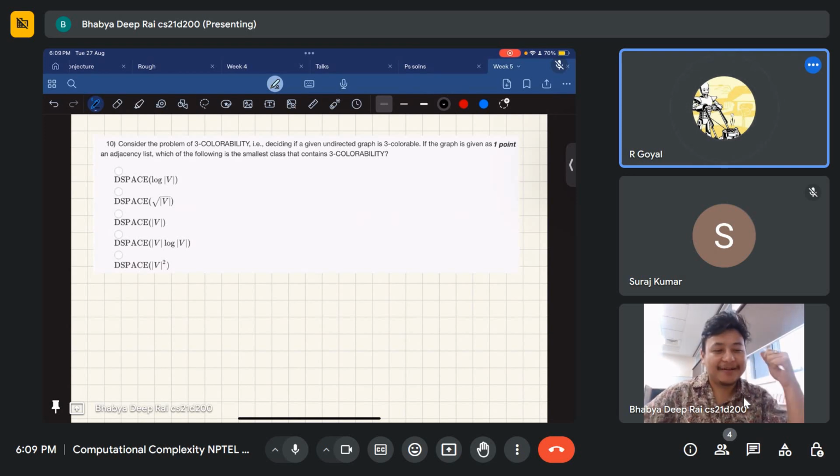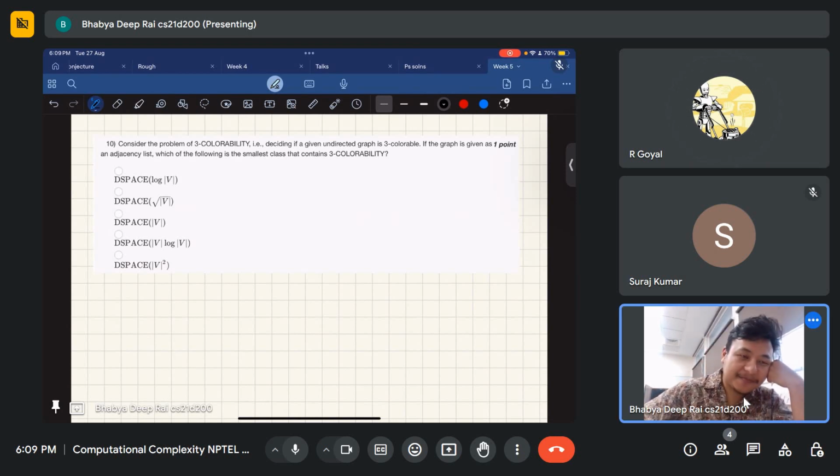Exactly. So I will assign one color to a vertex, the second color to the second vertex, and try to assign the third color to the third vertex, and then I'll try to see if I can reuse the first color or not. Yes, but reusing the other color is an even more clever algorithm.